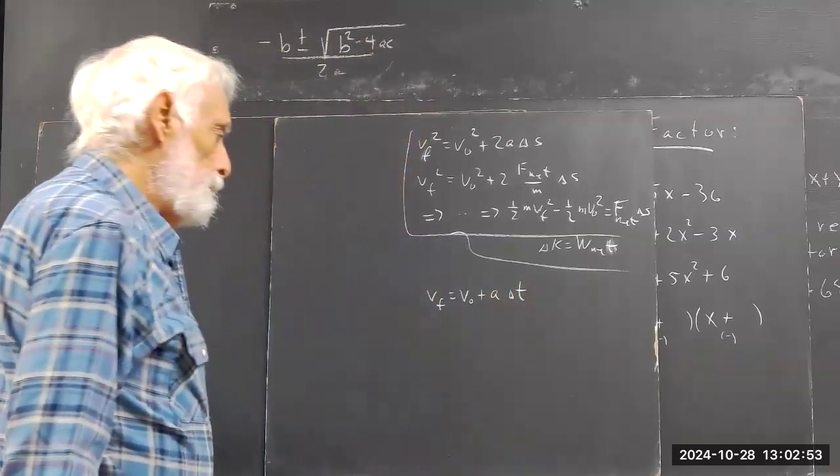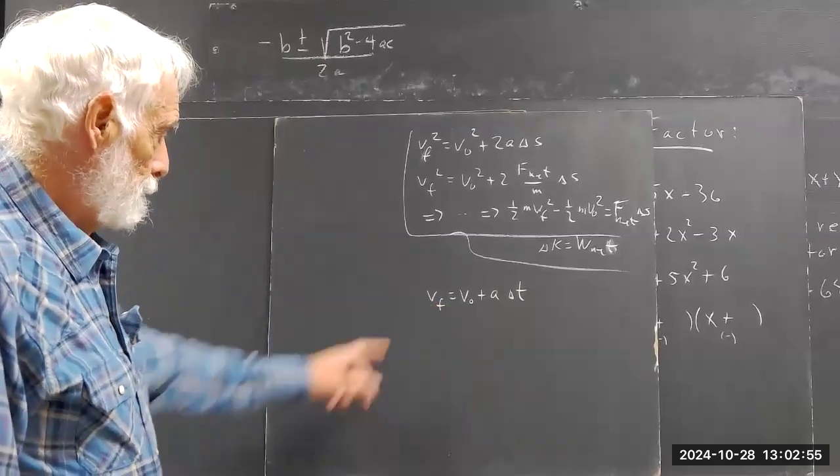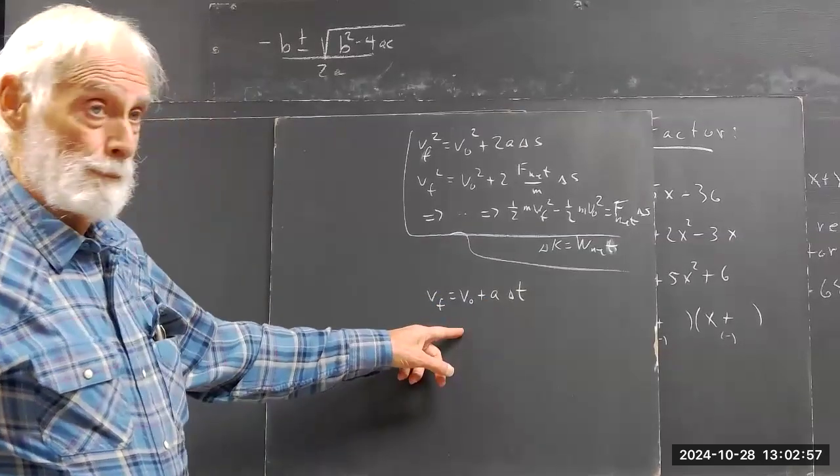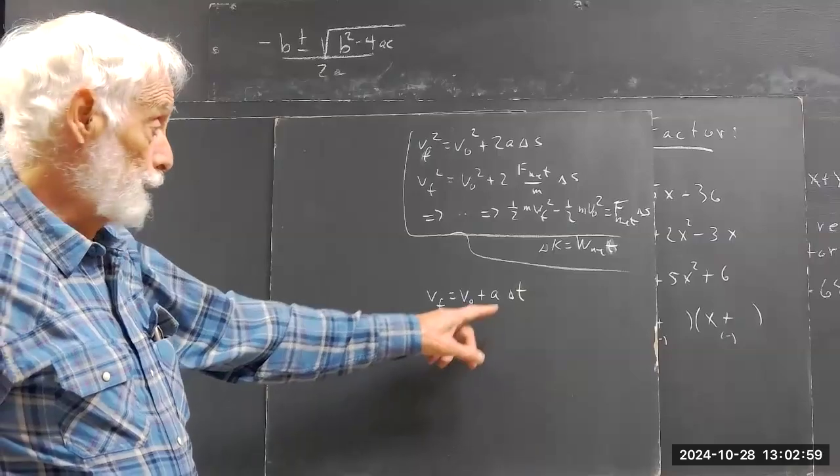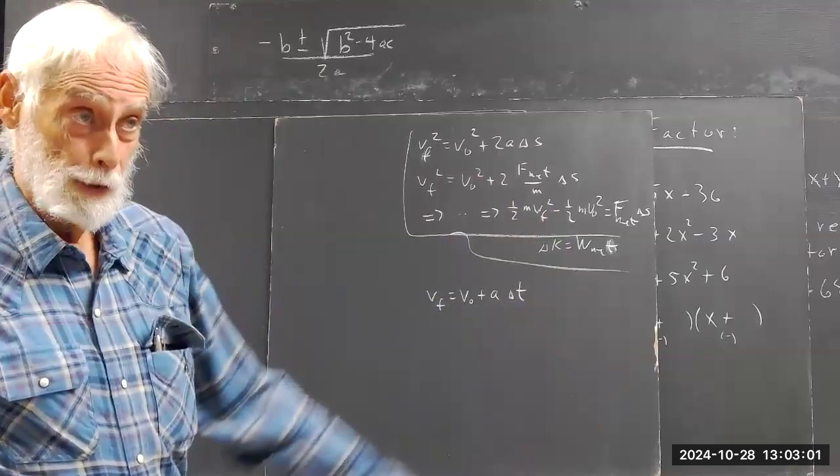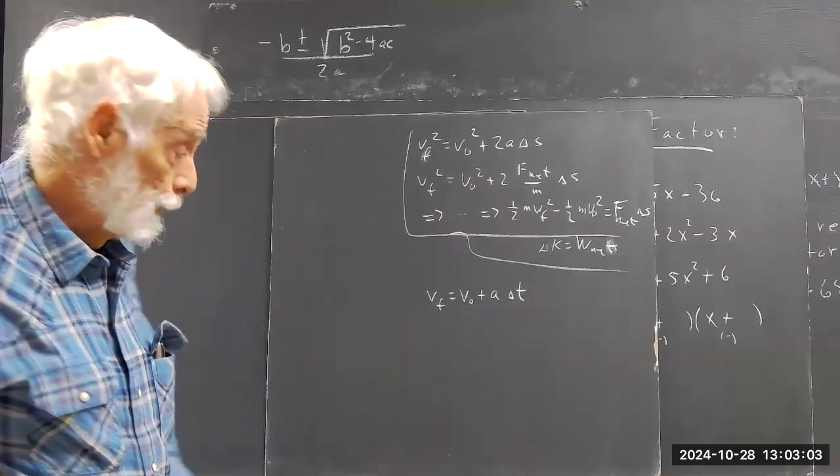Another equation of motion, a really straightforward one with an obvious interpretation, because a delta t is how much the velocity changes because of what acceleration is.